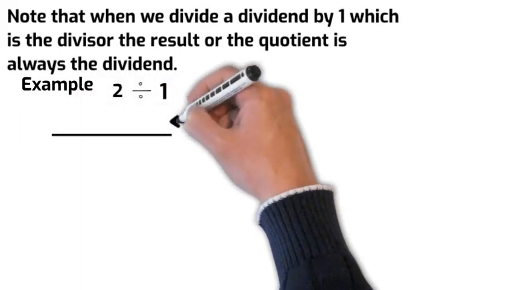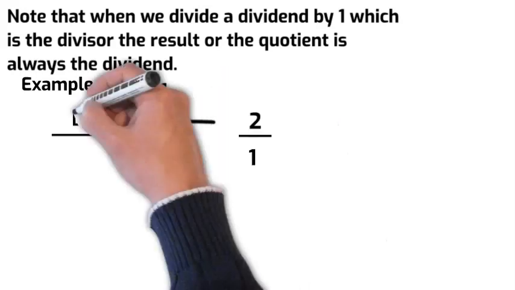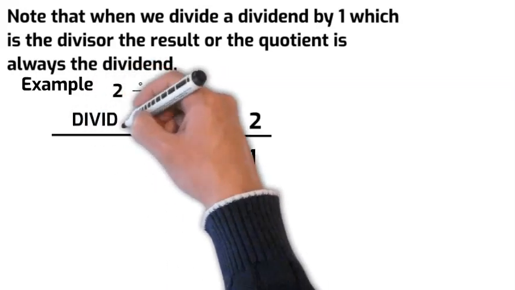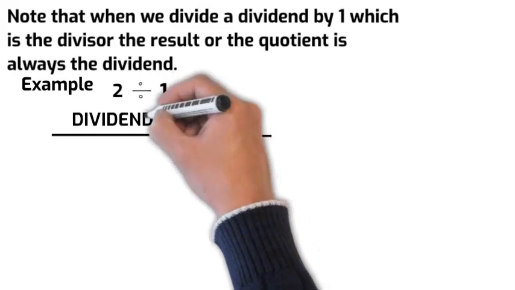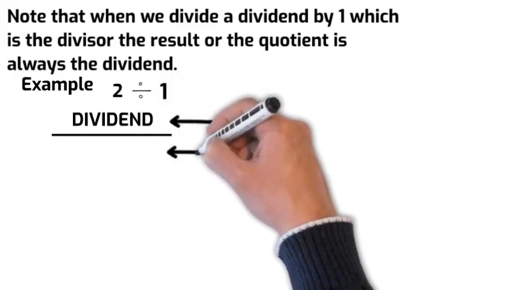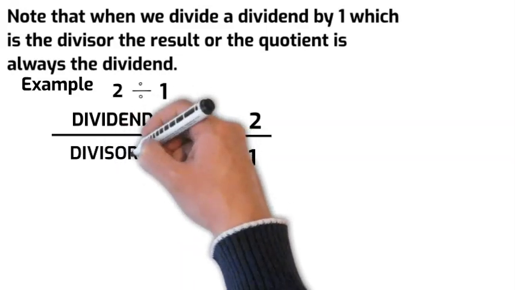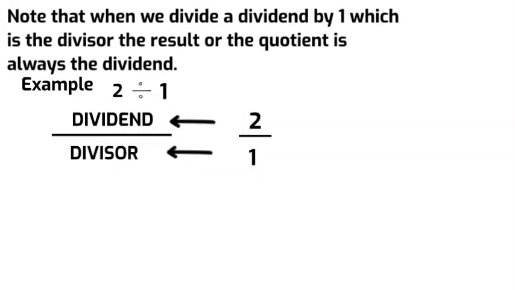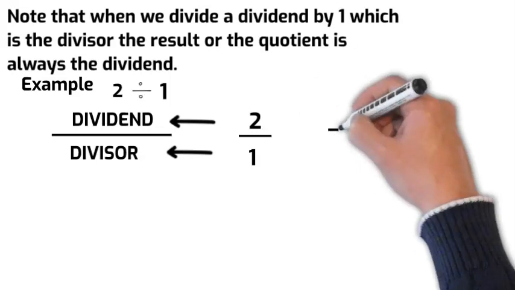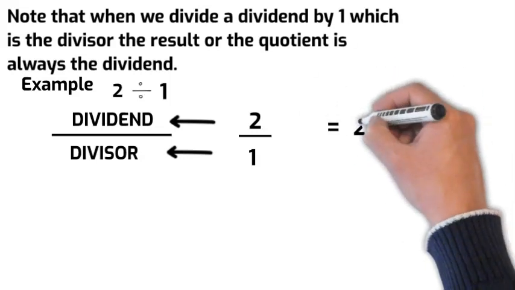Here, 2 is the dividend, and 1 is the divisor. 2 divided by 1 is equal to 2.